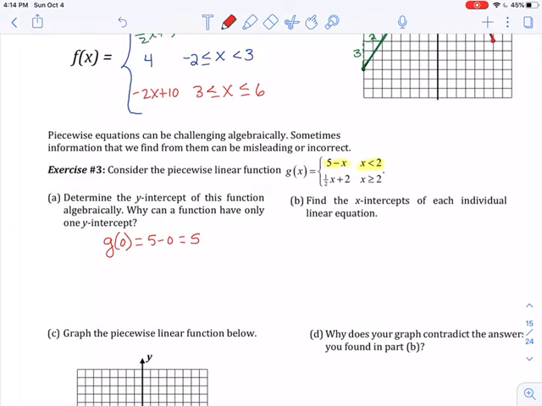It can only have one y-intercept because there's only one output for an input.